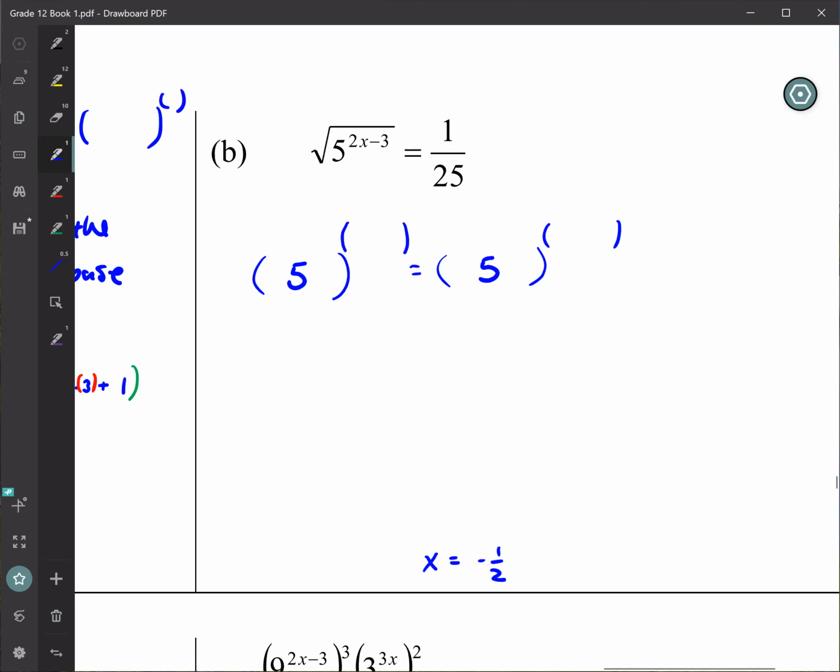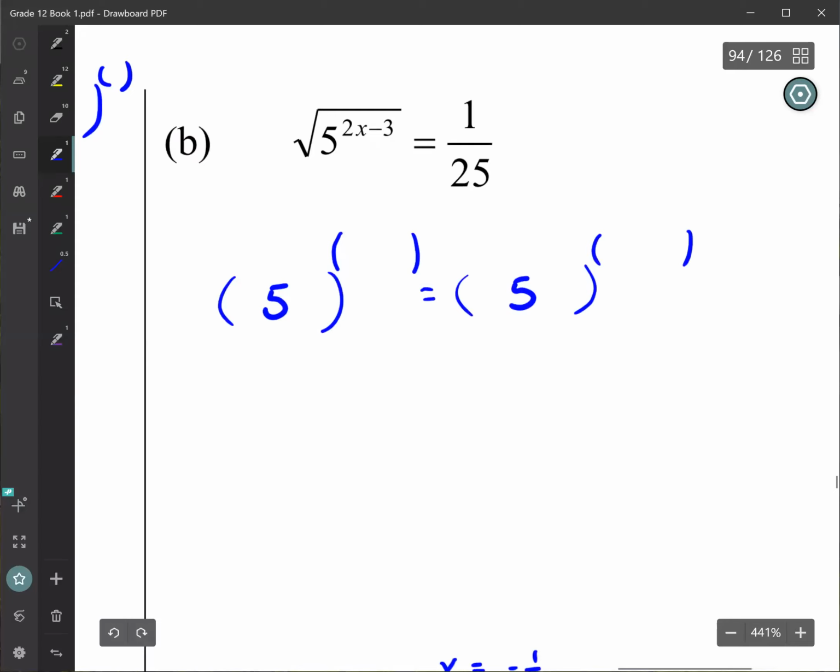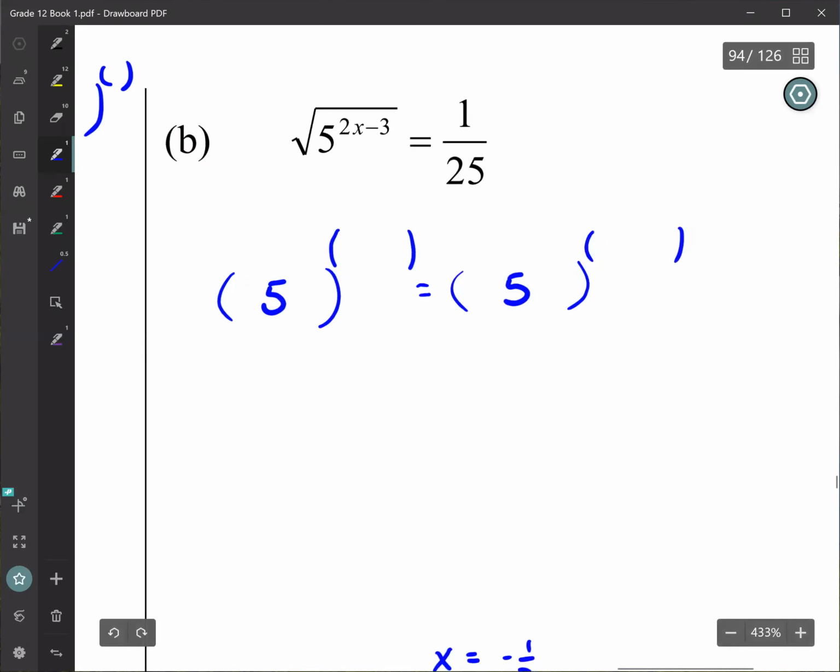So Kelly, can you tell me what's the exponent on the left side? What do we put inside the bracket? Inside the bracket, in the exponent, we want to rewrite it. How do we write it?